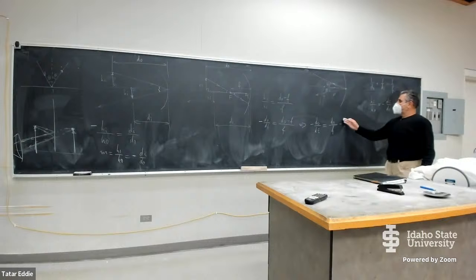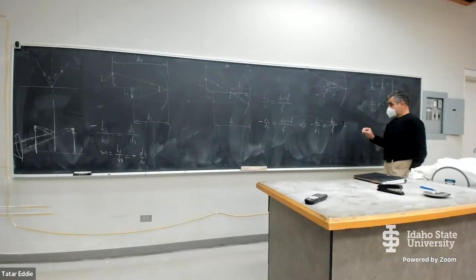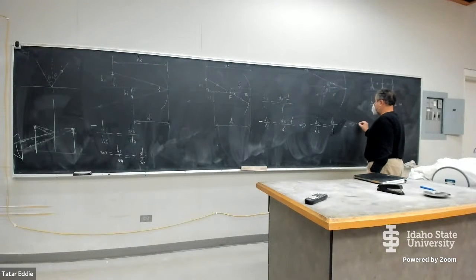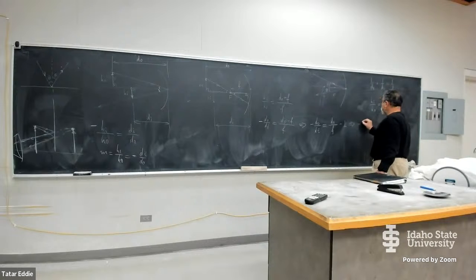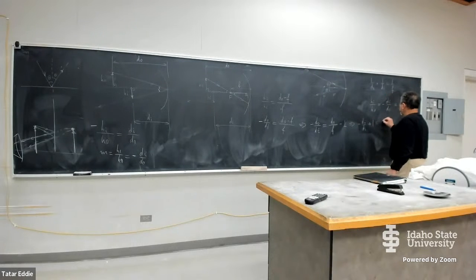After that, move this minus 1 to the other side with opposite algebraic sign. You have negative DO divided by DI plus 1 is equal to DO divided by f. Divide both sides by DO.